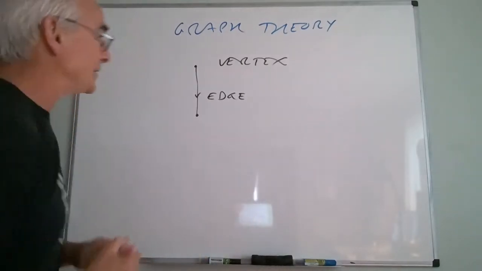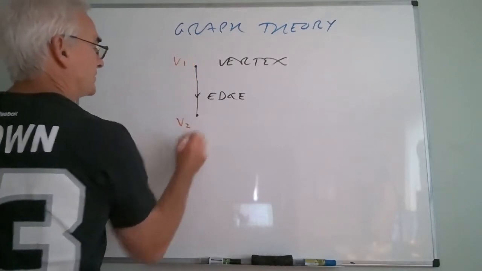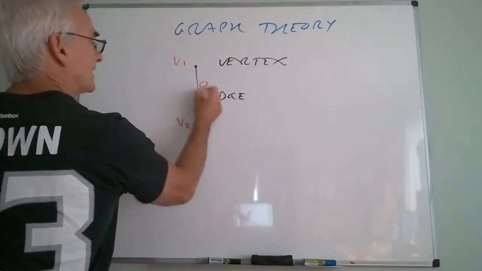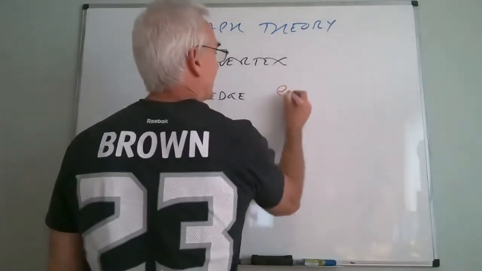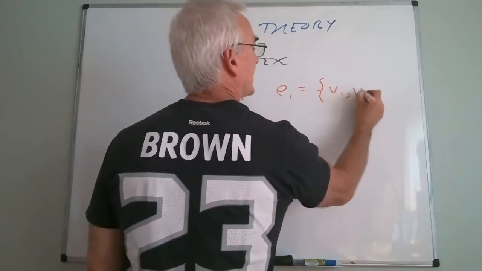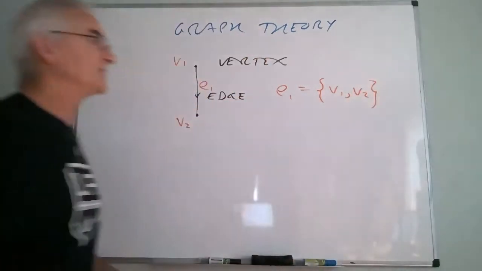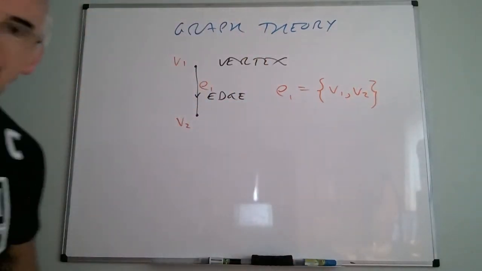So if I call this vertex V1 and this vertex V2, let's call this edge E1, assuming we're going to have more edges. Then we would say E1 is equal to, and we write it as a set of the vertices that it connects.